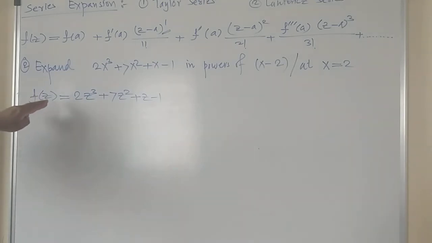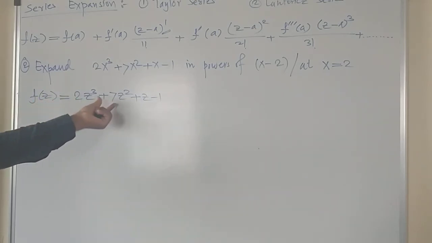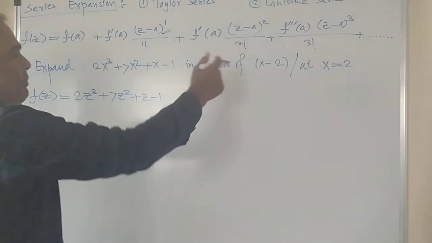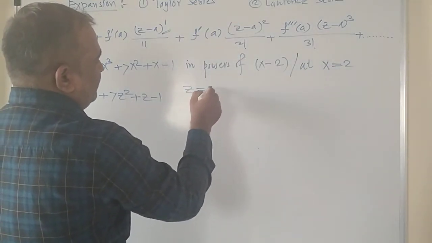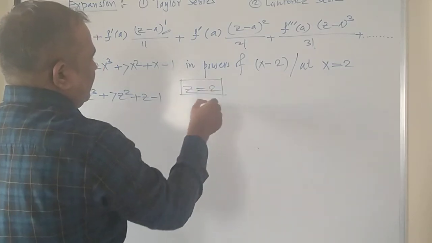Or you can write f of x also, there is no problem. Either use f of x and write in x terms, or f of z with 2z cube plus and so on, and compare these two. So we have to expand the series at point z equals 2. This is the important one.